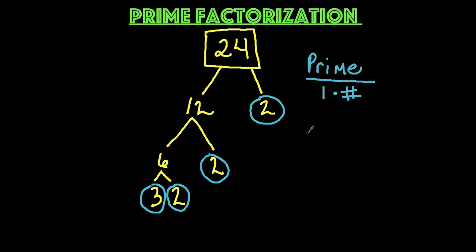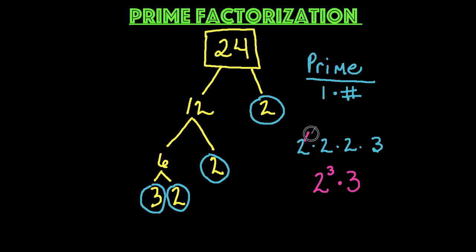So the prime factorization, using a factor tree, for 24 is 2 times 2 times 2 times 3. Or if you're really feeling witty, you can do 2 to the 3rd power times 3.